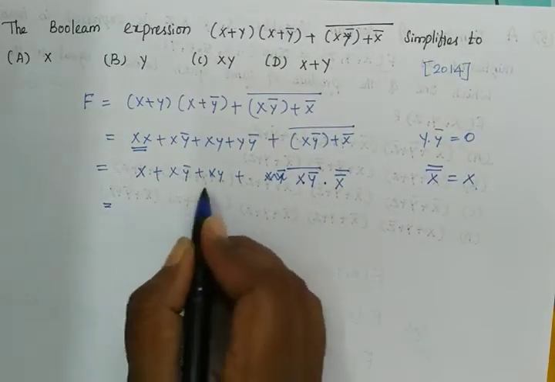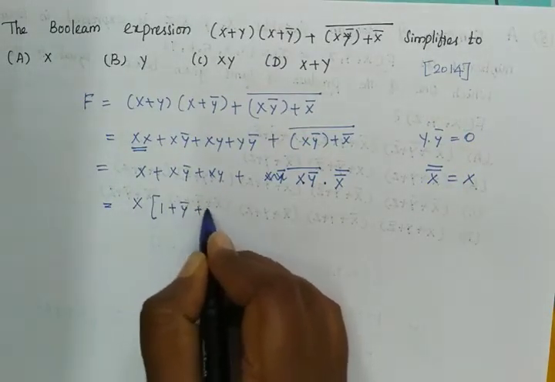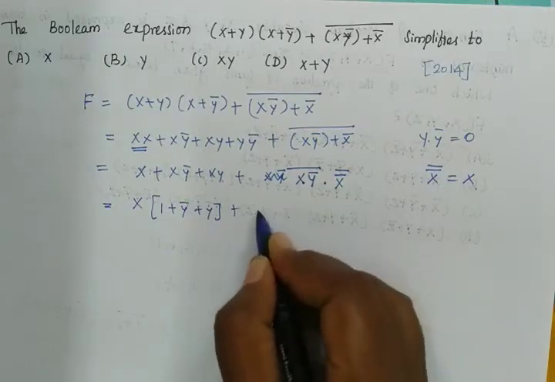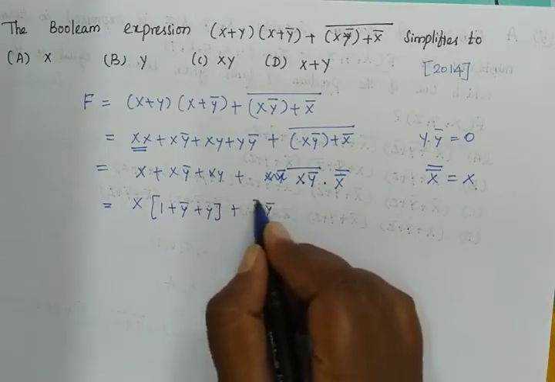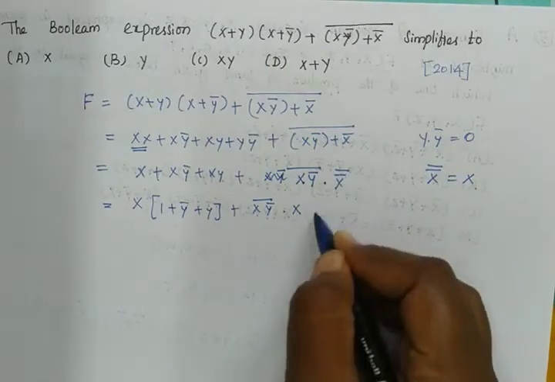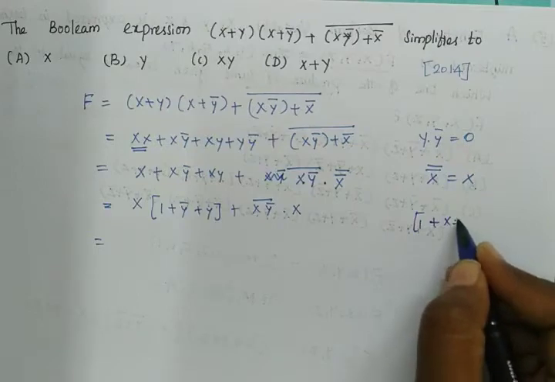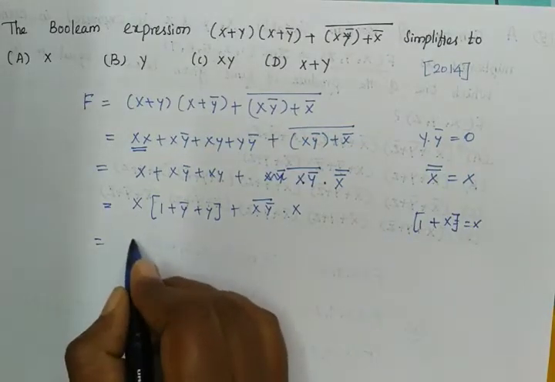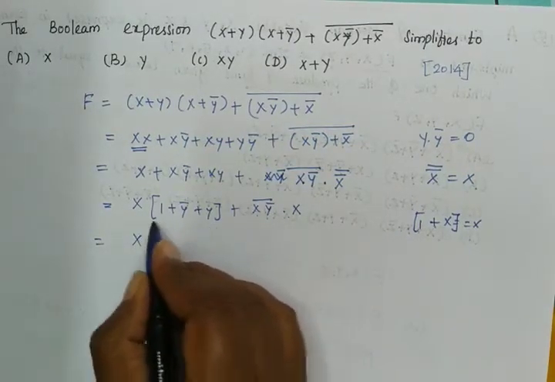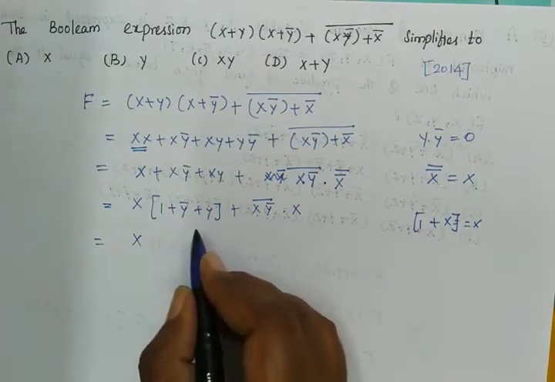Therefore which is equal to, let us take x as common in these 3. So we can write 1 plus y bar plus y plus, here we have x y bar the whole bar into x, because this double bar will become x. So which is equal to, we know that 1 plus x is equal to 1. So we can write only x, because if we have 1 plus x, 1 plus y, 1 plus a, whatever it may be, that will become equal to 1.